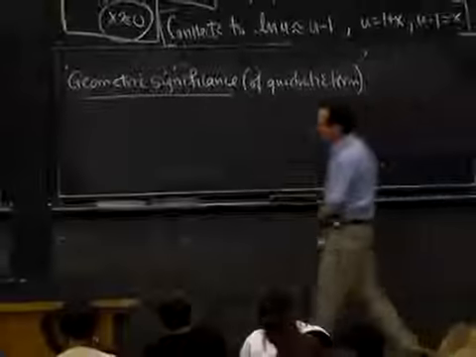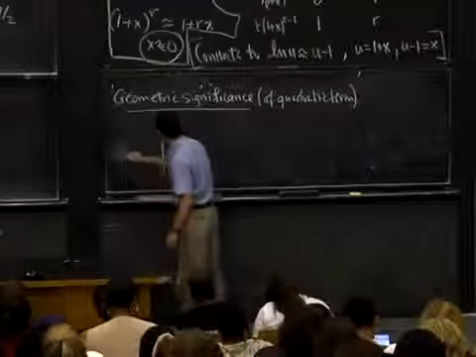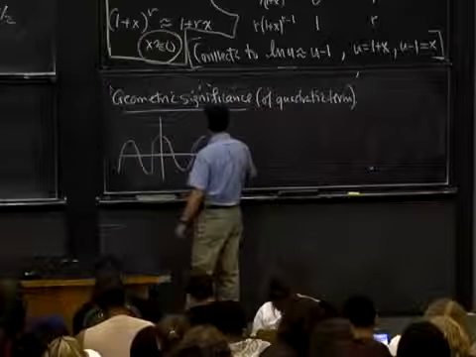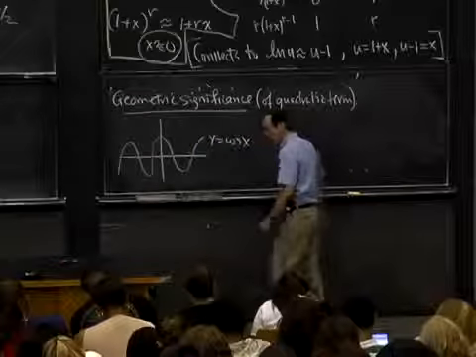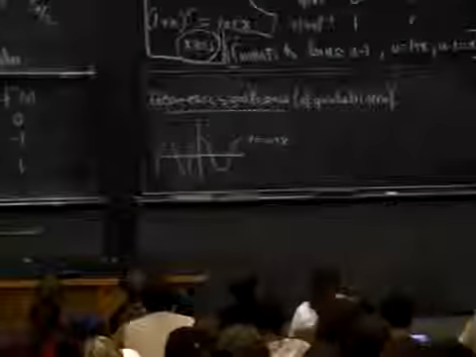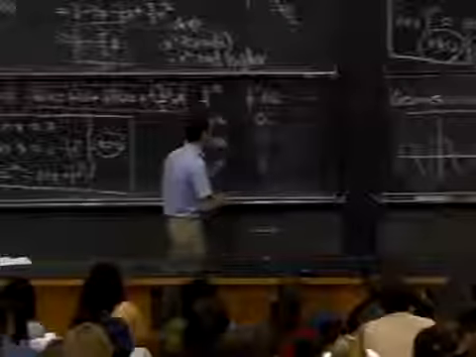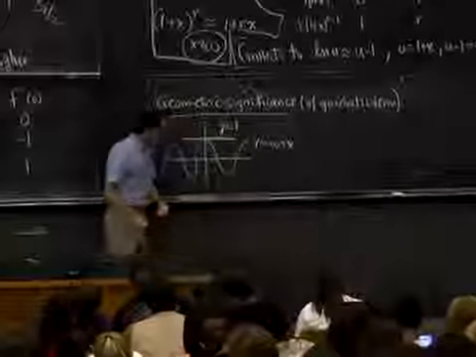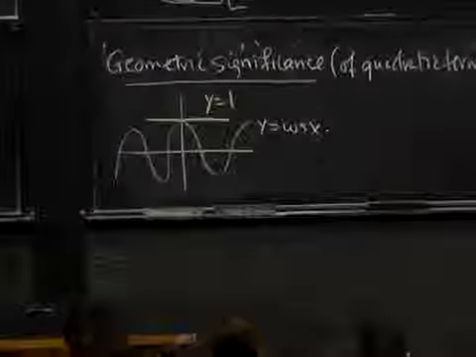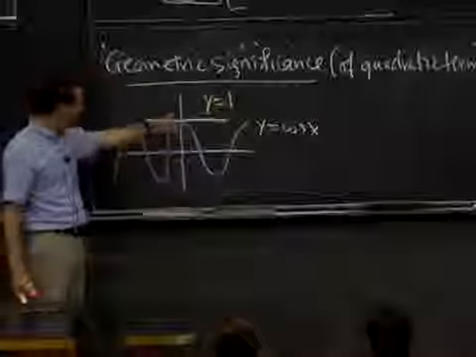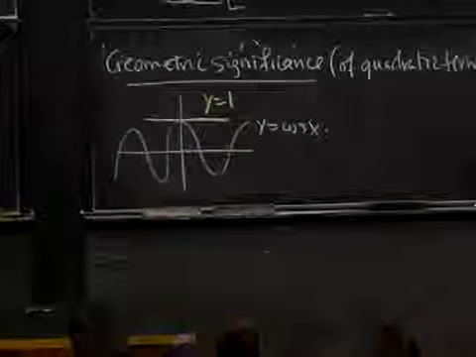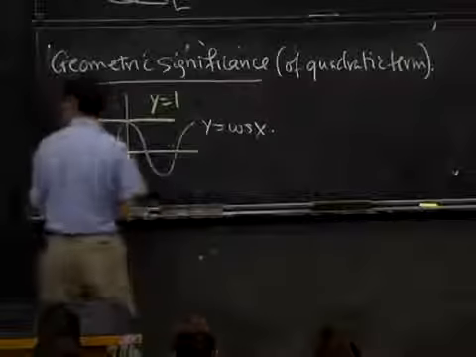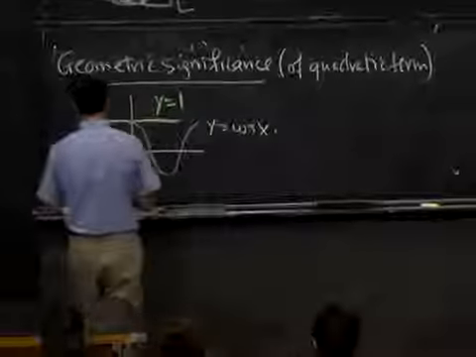The geometric significance is best described just by drawing a picture here. And I'm going to draw the picture of the cosine function. And remember, we already had the tangent line. The tangent line was this horizontal here, and that was y equals 1. But you can see intuitively, that doesn't even tell you whether this function is above or below 1 there. It doesn't tell you much. It's sort of begging for there to be a little more information to tell us what the function is doing nearby. And indeed, that's what this second expression does for us.